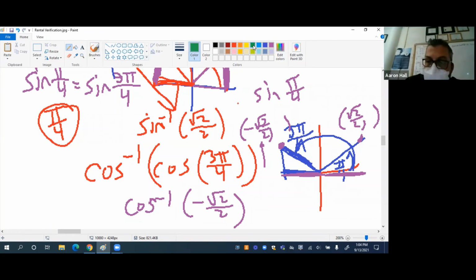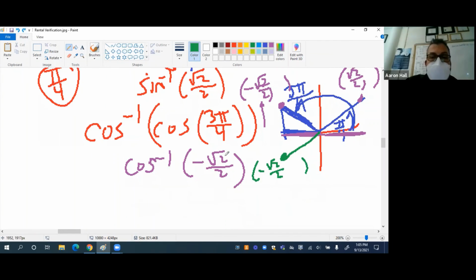Second and third. So we also have an x value down here of negative the square root of 2 over 2. Which one is the closest rotation? They're the same. So we go with the positive rotation. How much of a rotation is that? 3 pi fourths. So all of this becomes 3 pi fourths.